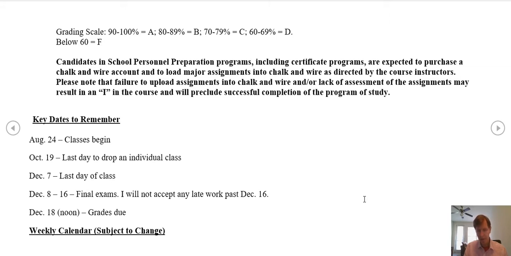My policy on due dates is this, and you'll see it written down, that I dock you 10% if you are turning in late work without my prior permission. That's not going to kill your grade because I understand that things happen.